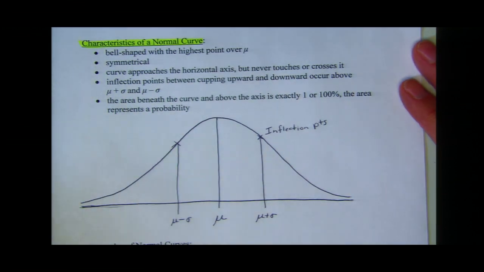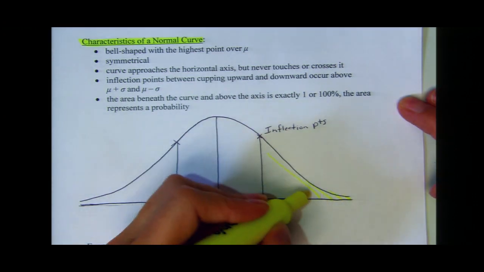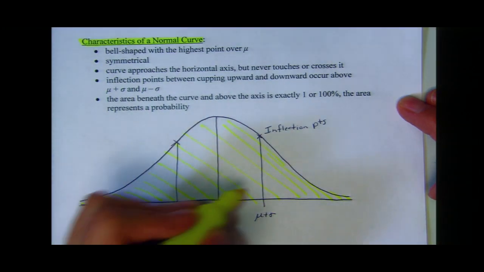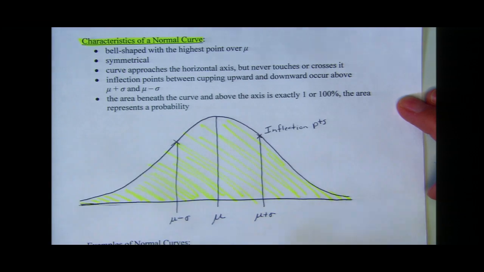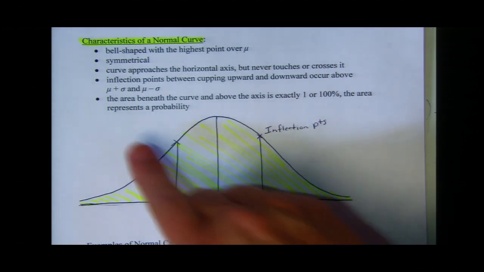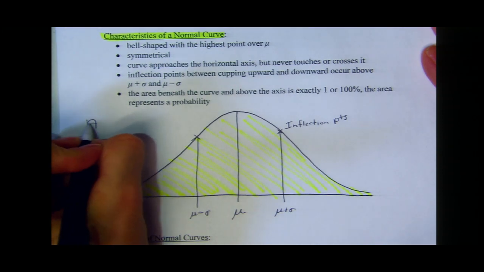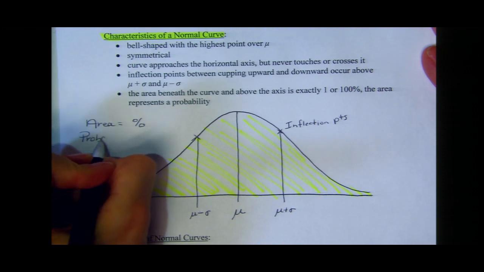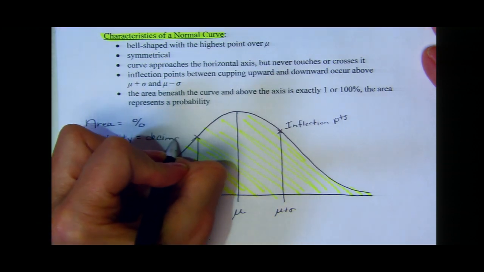The area beneath the curve and above the axis, if I were to shade in all of this, this area is 1 or 100%. Area and probability are in essence the same thing. One thing you'll notice is when we calculate areas, my answer is given as a percent. If it asks for probability, I give my answer as a decimal.